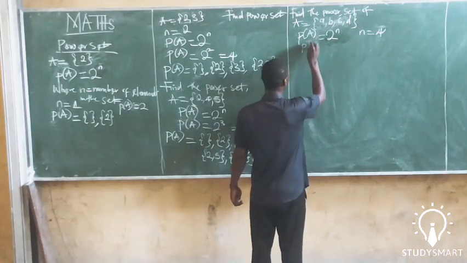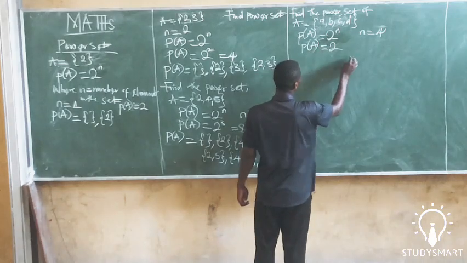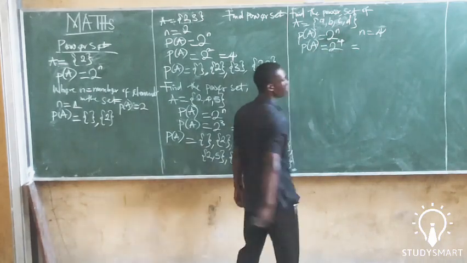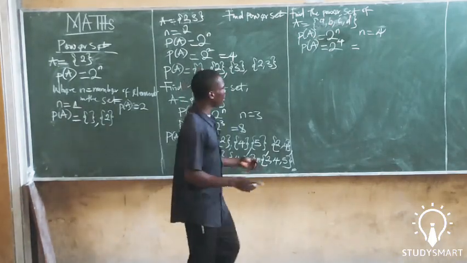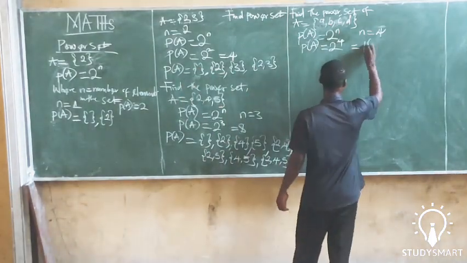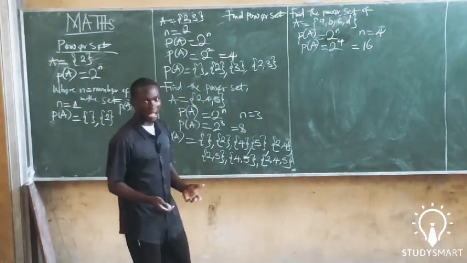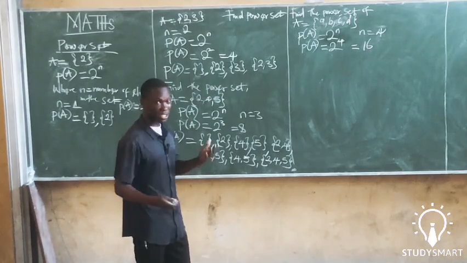The power set of A will be equal to 2 raised to power 4. 2 times 2 is 4, 4 times 2 is 8, 8 times 2 is 16. So this simply means that we are going to have a total of 16 subsets.